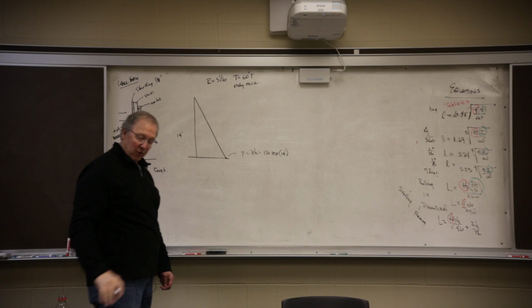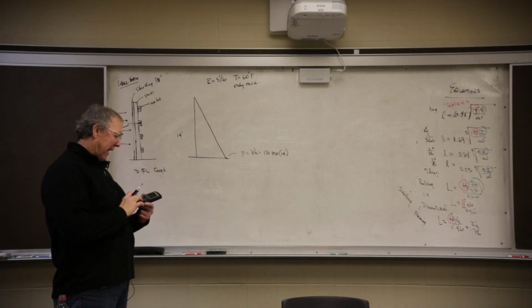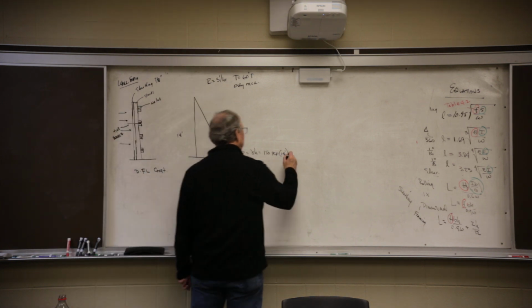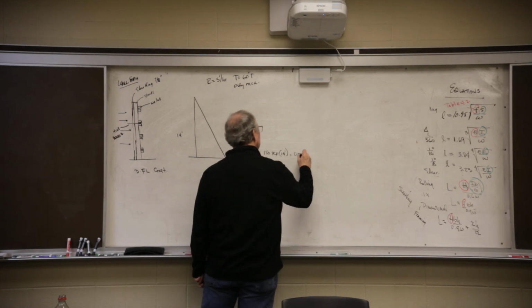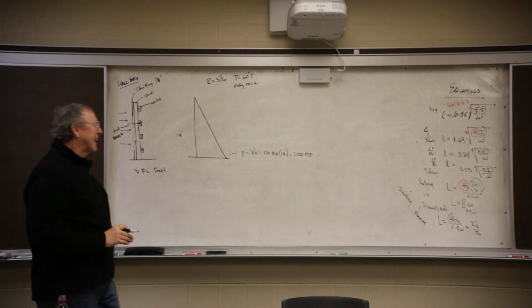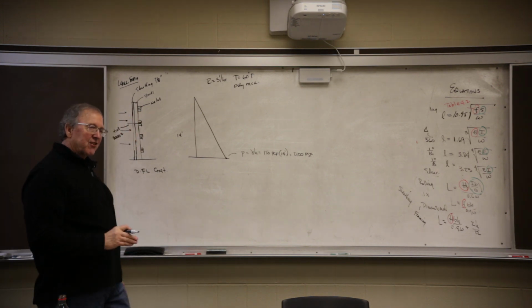If I multiplied 14 times 150, I would get the weight of concrete over the top of me. That's 2,100 pounds per square foot.